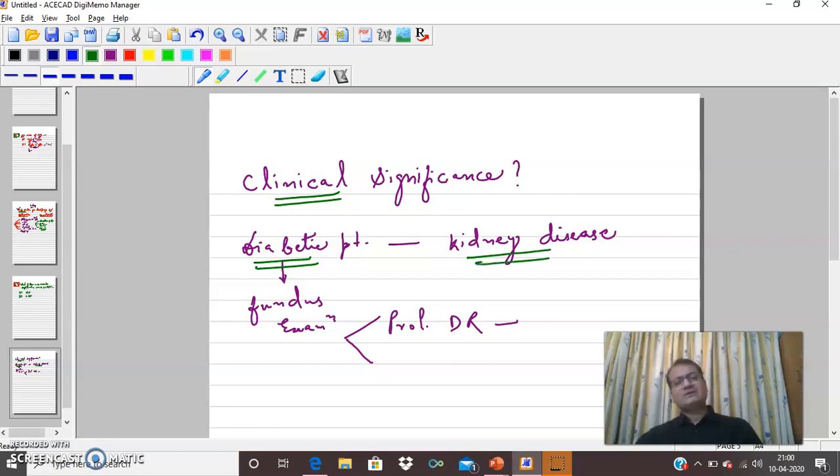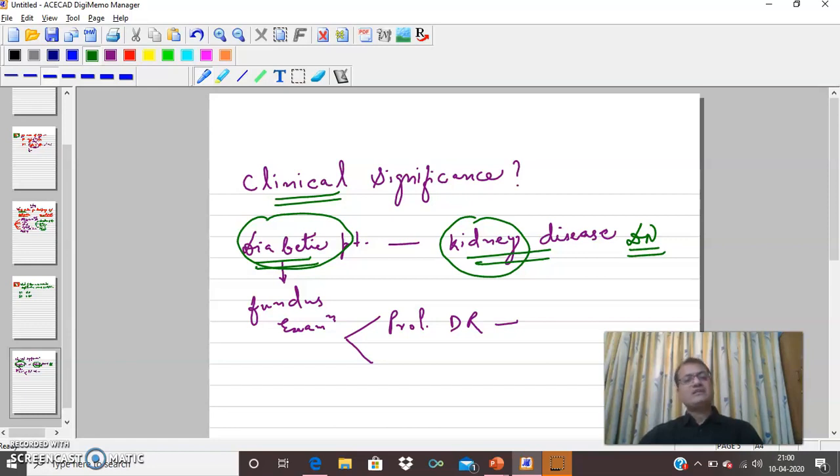Then you cannot always say that this patient is suffering from diabetic nephropathy. No. It may happen that in a diabetic patient, the kidney disease may develop due to some other pathology and not diabetic nephropathy, right? So in clinical practice, how do we say that this diabetic patient having this kidney involvement is because of diabetic nephropathy?